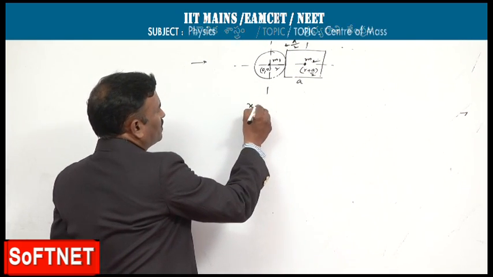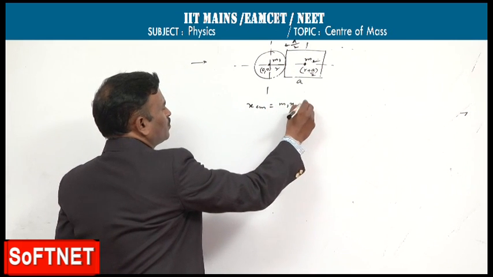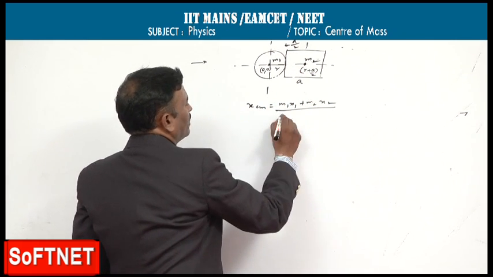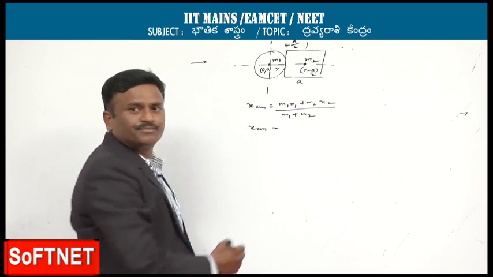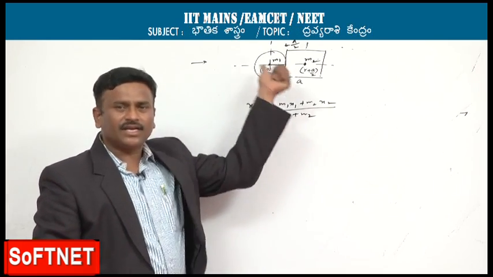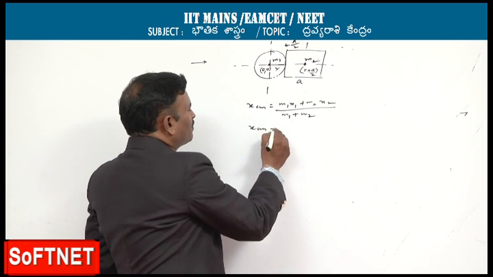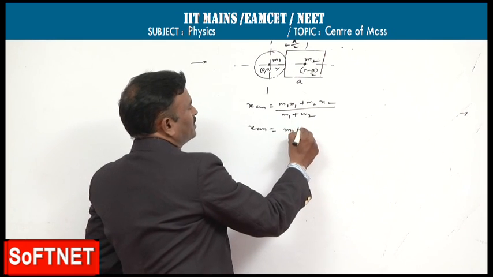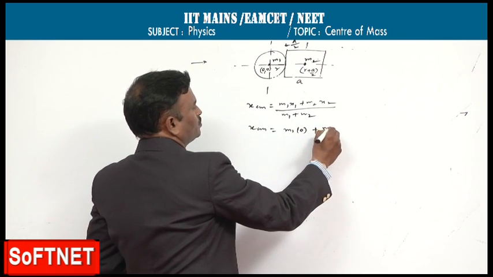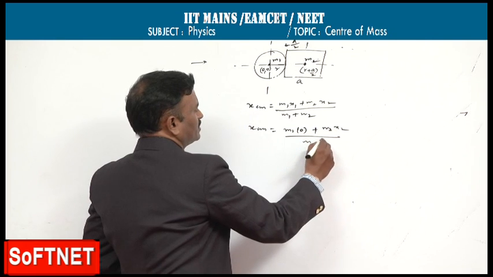Now position of center of mass xcm is equal to m1 x1 plus m2 x2 by m1 plus m2. So xcm is equal to m1. M1 is mass of the circular plate. M1 x1 is 0 plus m2 x2 by m1 plus m2.